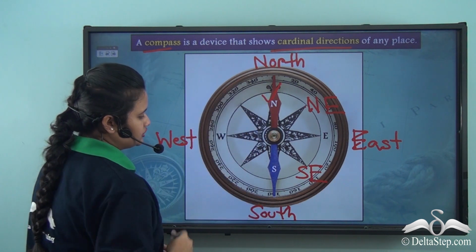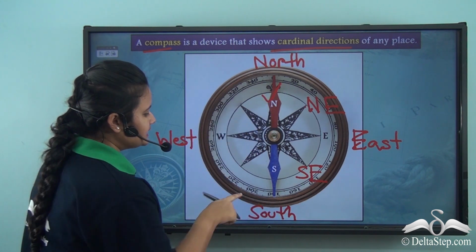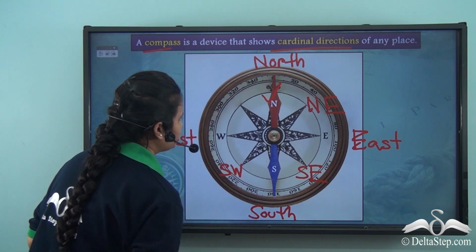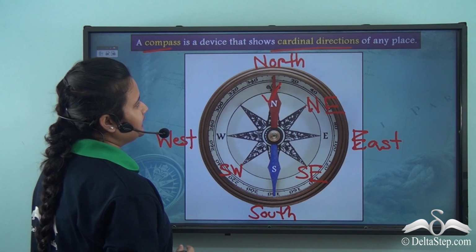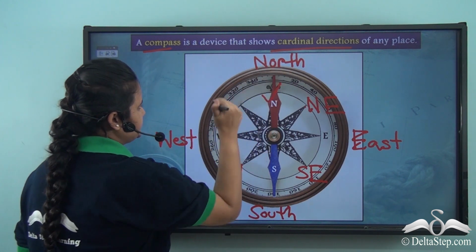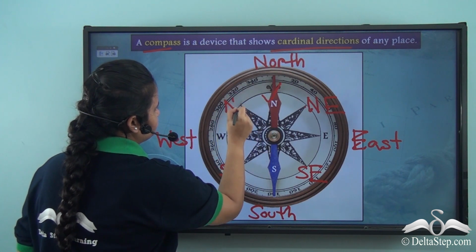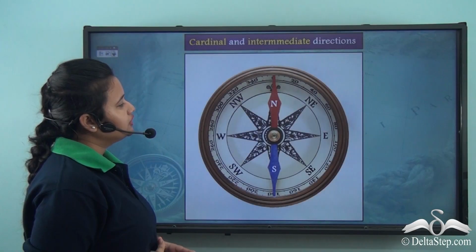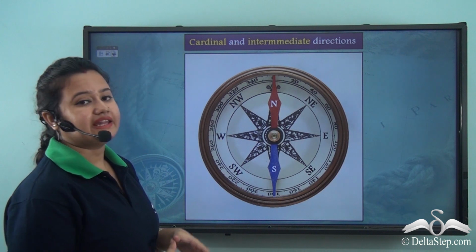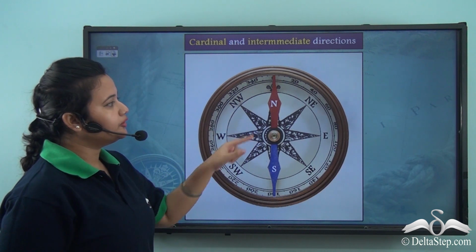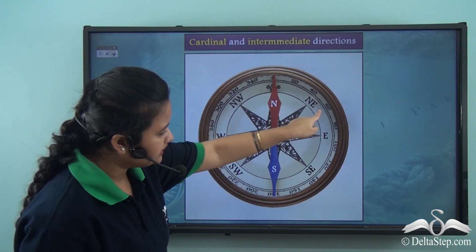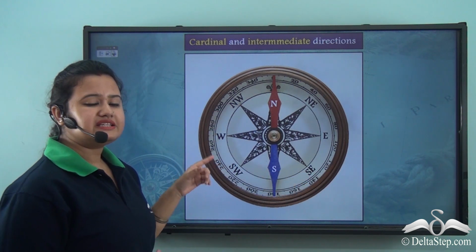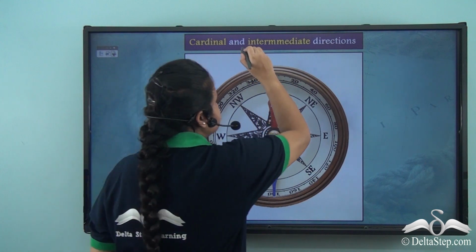Now this particular point lying in between south and west is southwest, and this point lying in between north and west is northwest. So these are the points that lie in between the four main points. They are northeast, southeast, southwest and northwest, and these points are known as intermediate points.